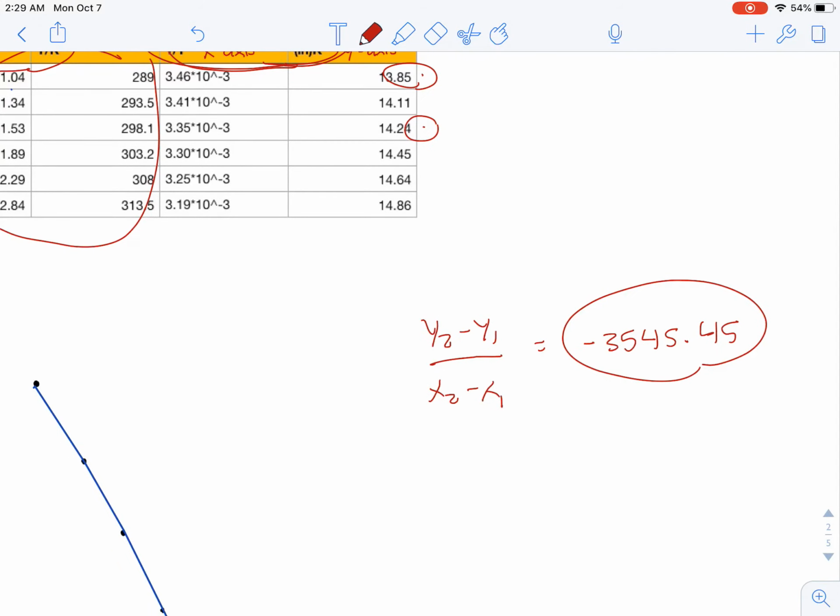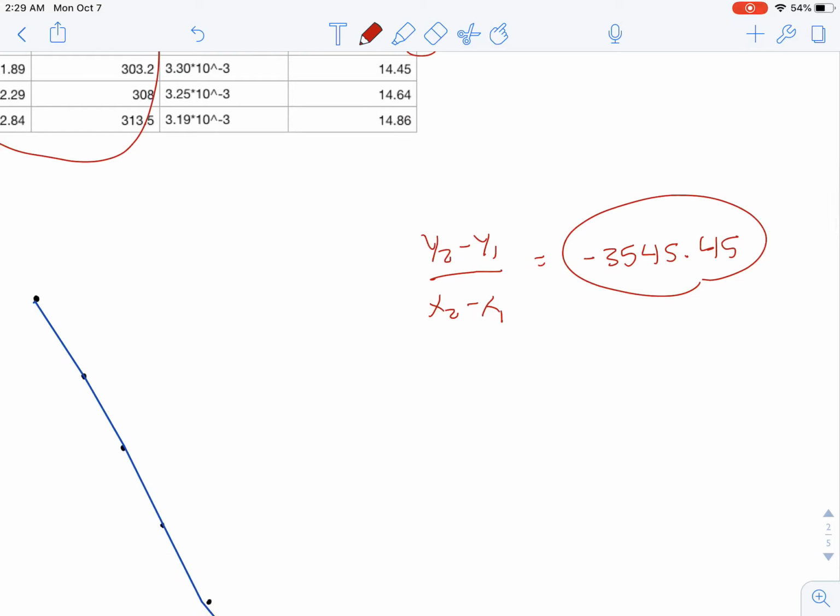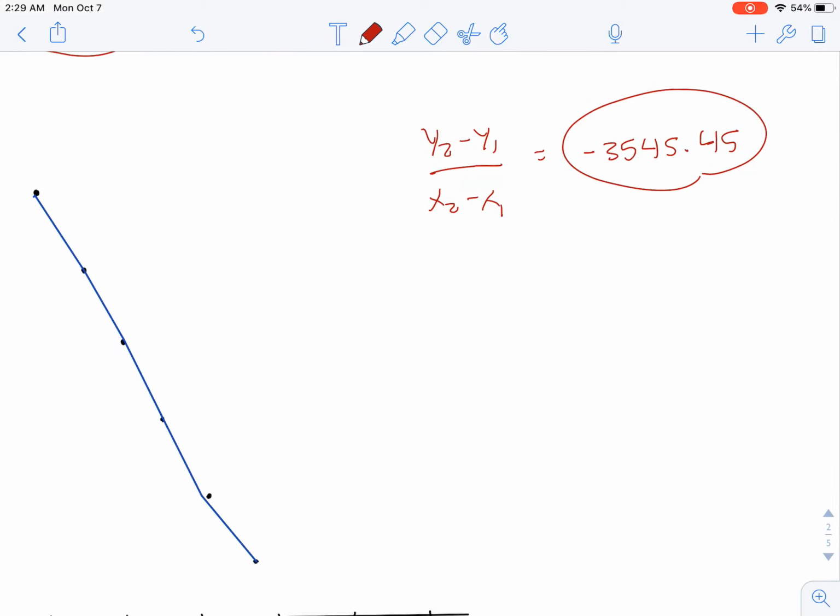And so luckily for us, there's a direct correlation between the slope and the activation energy necessary for a problem. And so this can be shown by the expression activation energy equals negative R times slope. So we already have our slope over here.